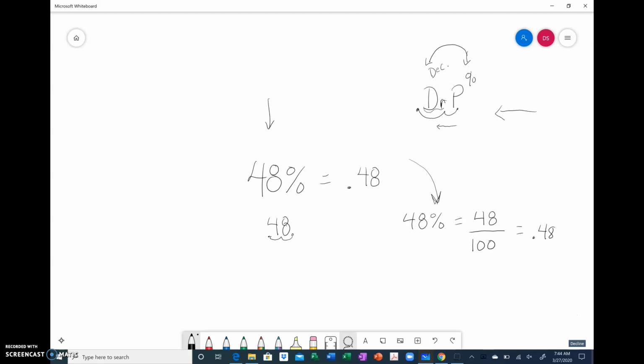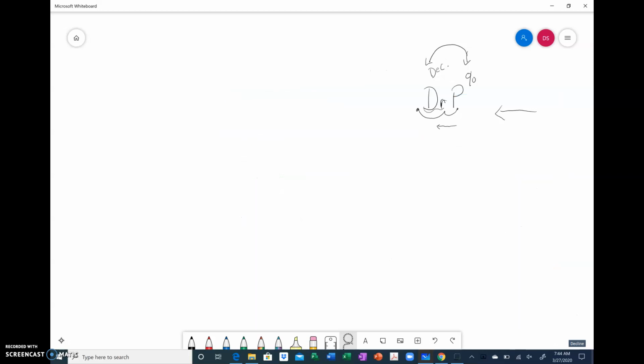All right, so let me clear off this first example and we will try another one. All right, the next one says B is 9%, changing 9% to a decimal. So I'm going to think about it being a 9 point, okay, before I convert it.